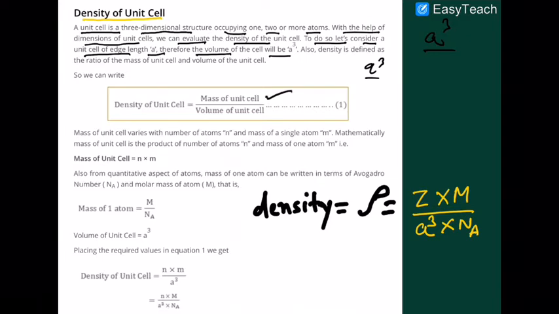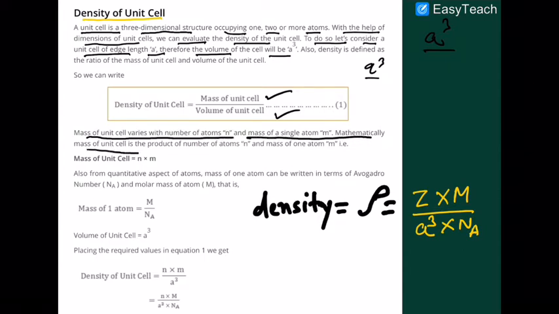Now it will be the mass of the atoms contained in the unit cell divided by the volume of the unit cell. I am repeating once more. Mass of unit cell means the mass of all the atoms present in that particular unit cell. So mass of unit cell varies with the number of atoms and mass of a single atom.